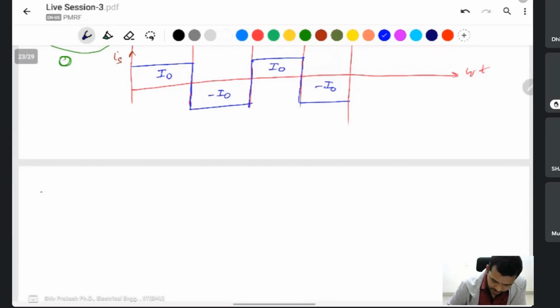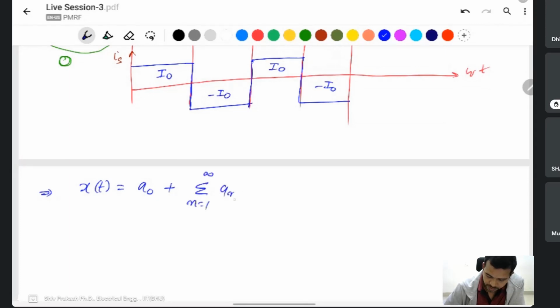You know about the Fourier series? x(t) equals a naught, the DC value that is present, plus the sum for n equal to 1 to infinity of an cos n omega t plus bn sin n omega t.